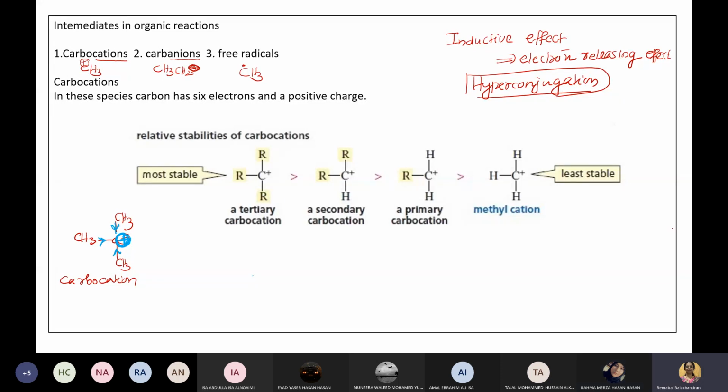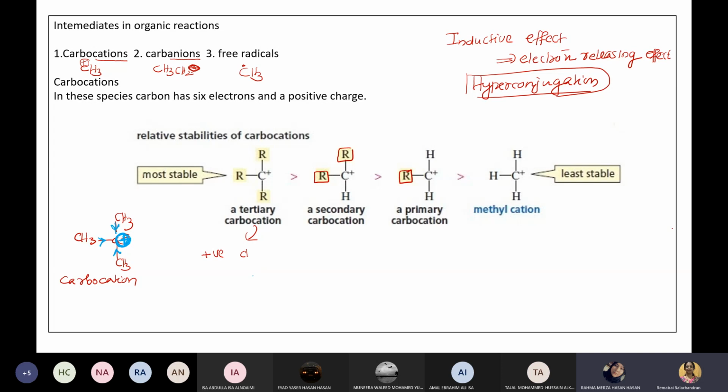Here we have 2 methyl groups. In this case, only 1 methyl group. Here, no methyl group. So the tertiary carbocation is more stable. What's the reason for that? Because of the distribution of the charge.